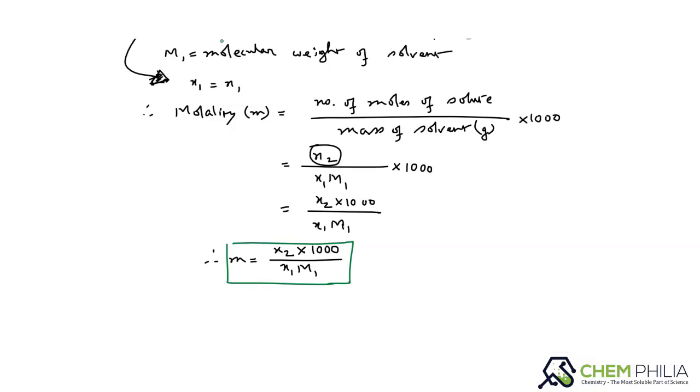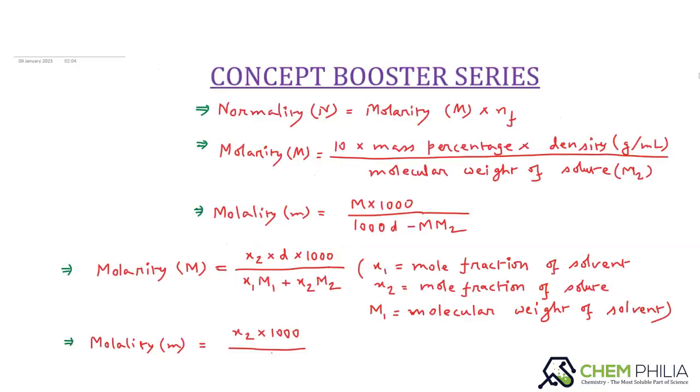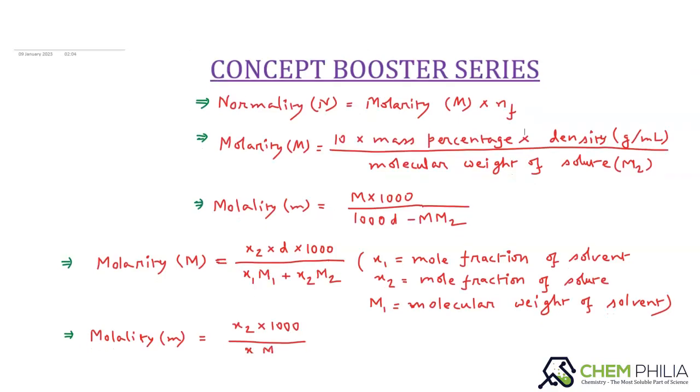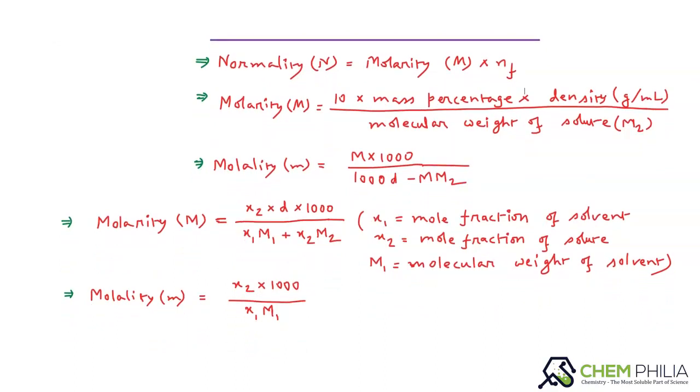So these are the four relations I have discussed in this video, and I have discussed them already in detail. Now this is the gist of this video. You can see the first thing, normality is equal to molarity into nf. Nf means n factor.